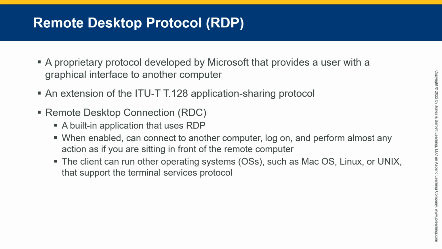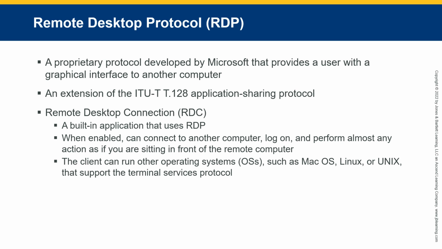So it was there. Basically, this was a Windows version of something that was in the Unix world called X Windows, and that allowed for remote clients. Basically, it's an extension of the ITU-T T.128 application sharing protocol, and nowadays it's called Remote Desktop Connection.